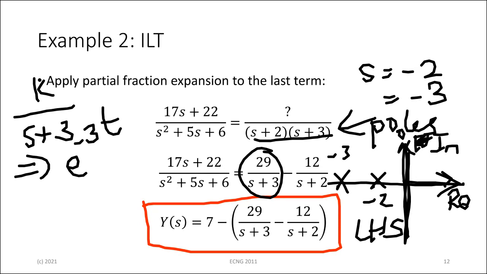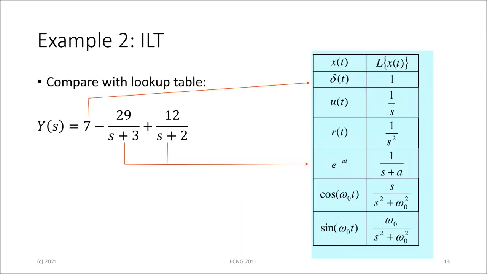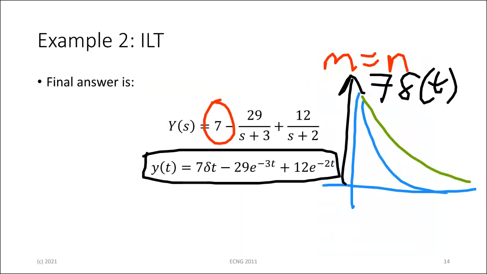And e to the -3t, as we saw here, is a nice decaying exponent. In other words, whatever it is I start off with, eventually it settles down or goes to 0.